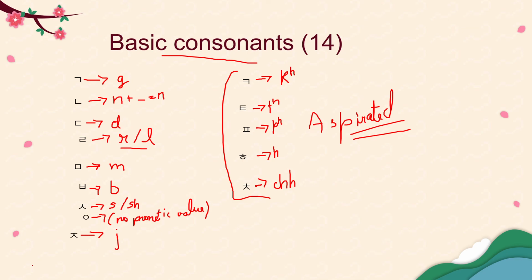What you have to do is learn them. Until now we have learned basic consonants, basic vowels, and combined vowels. I was planning to take all the 40 letters, but I could not because of the time limit, and I don't want it to extend to an hour. So do not worry.